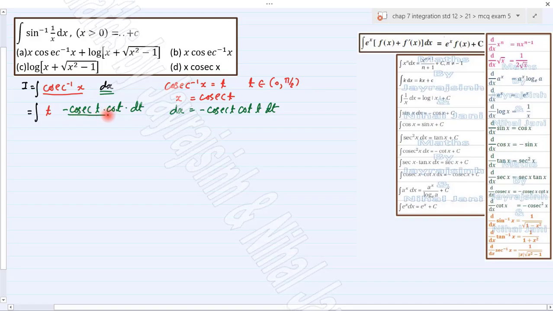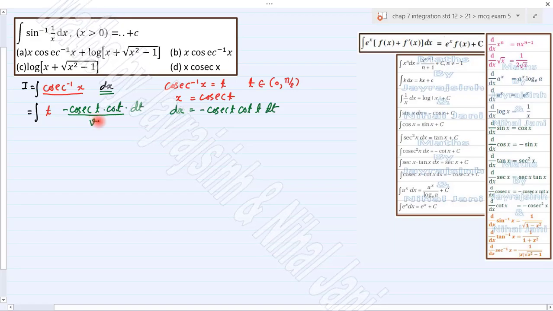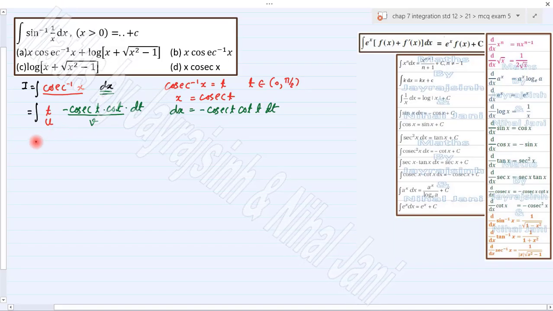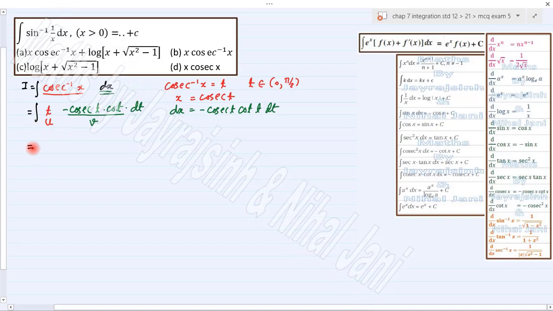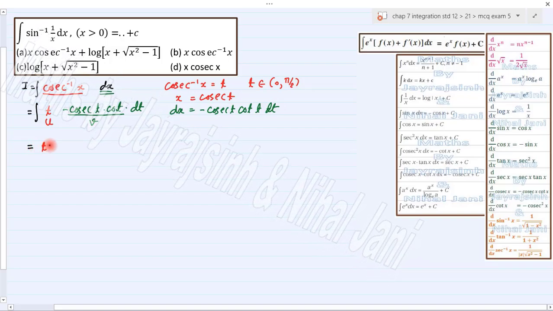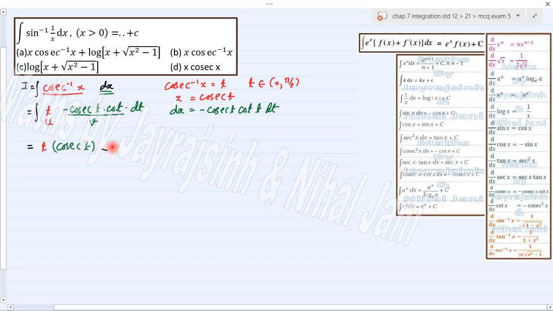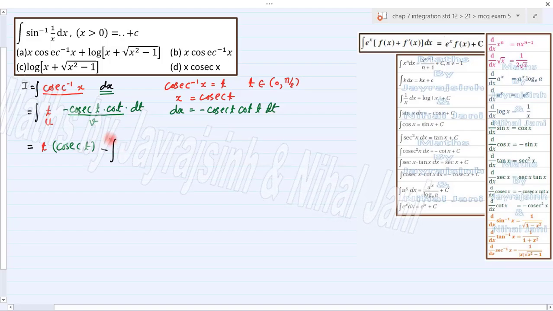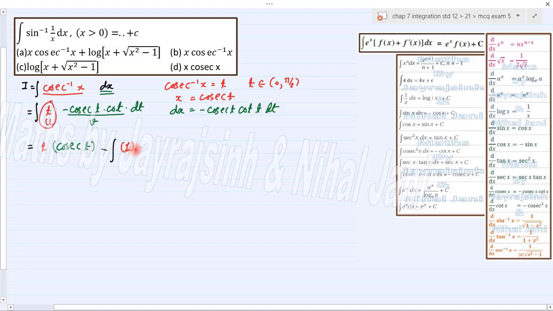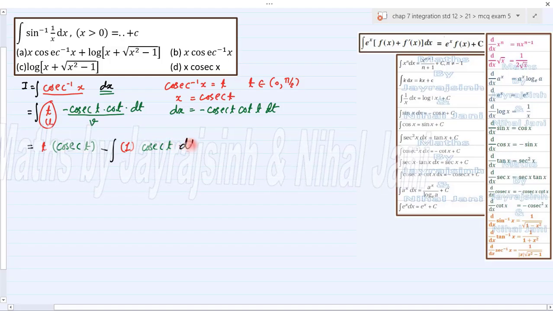Now we know the integration of minus cosec t cot t. So let's consider that whole term as v, and your t will be u. So let's apply integration by parts. In first term, your t will be as it is, integration of v will be cosec t, minus in second term we have to integrate differentiation of u, which is 1, and integration of v, which is cosec t dot dt.